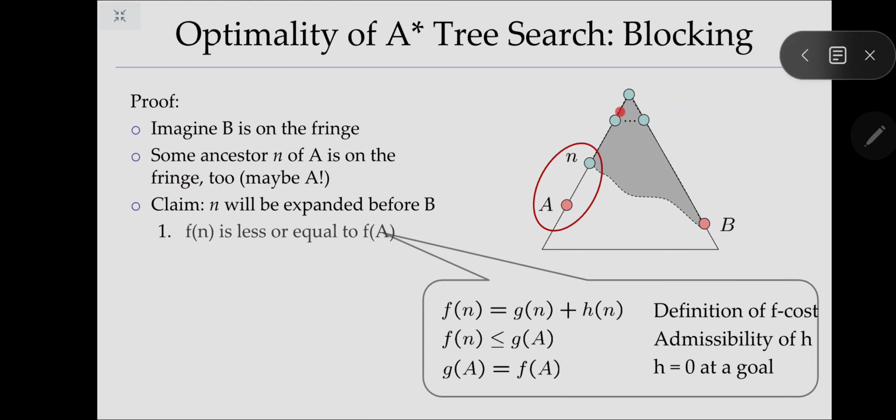Maybe there are a lot of links in this path, but one of the nodes in this path is on the barrier of the fringe.